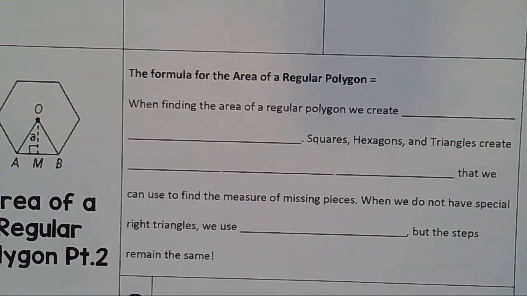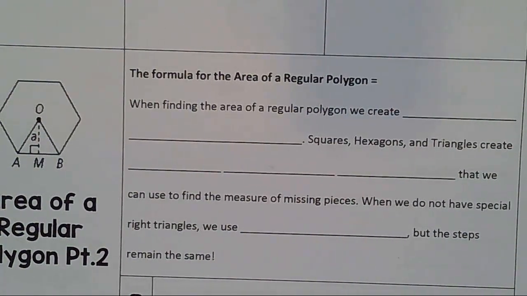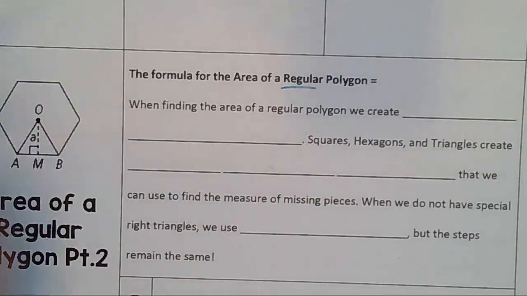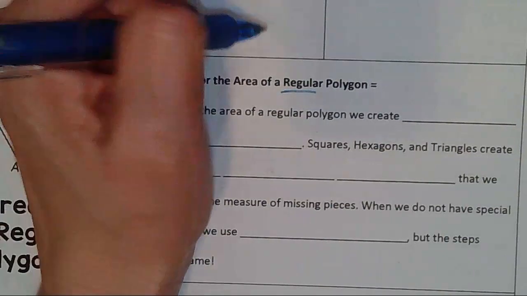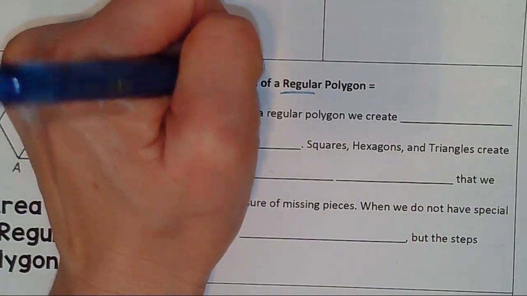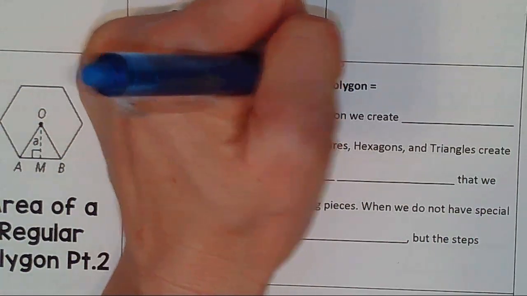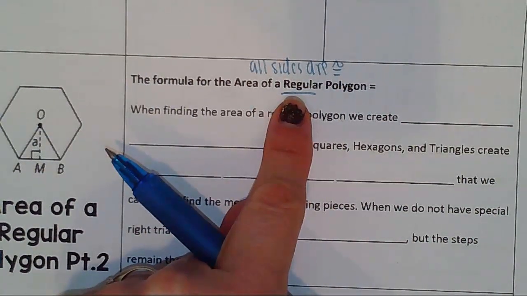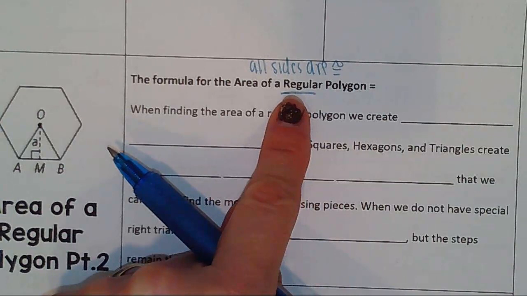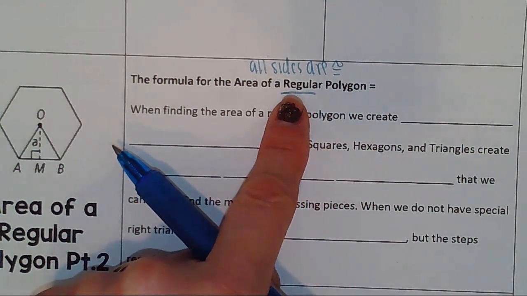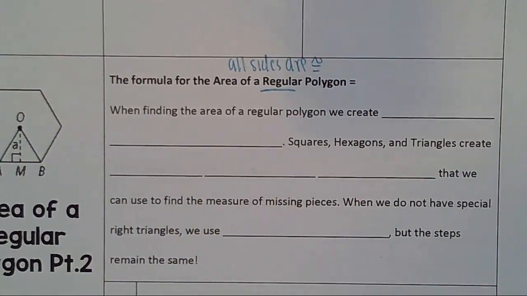The formula for the area of a regular polygon. Okay, so we've found areas for lots of things, but not regular polygons yet. Regular means all sides are congruent. So that means if it's a regular pentagon, all 5 sides are the same measure. If it's a regular hexagon, all 6 sides are the same measure.